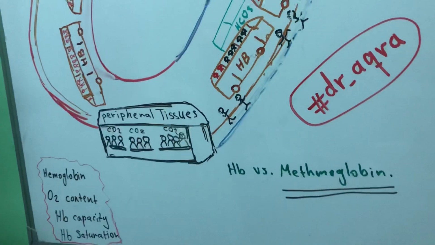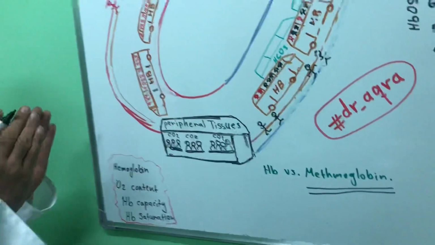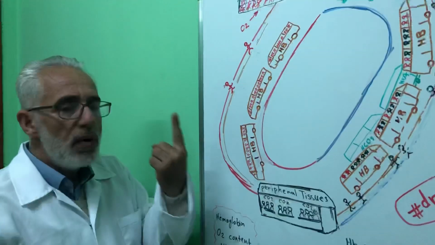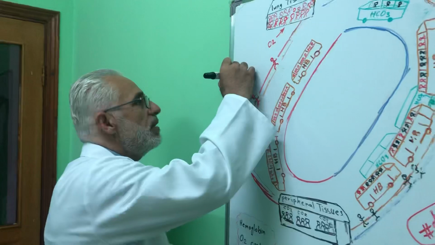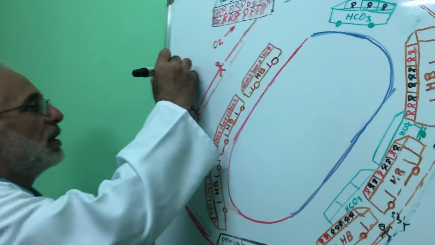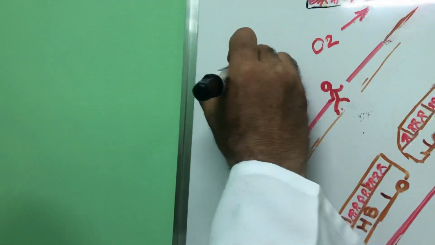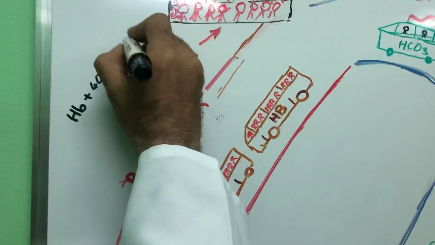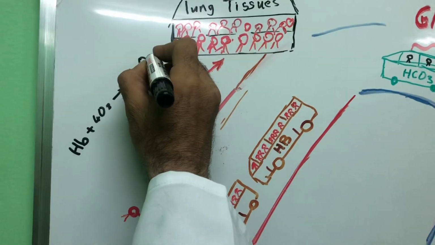Okay, now each iron in the hemoglobin binds to one molecule of O2. So one hemoglobin plus 4 O2 will lead to formation of this.